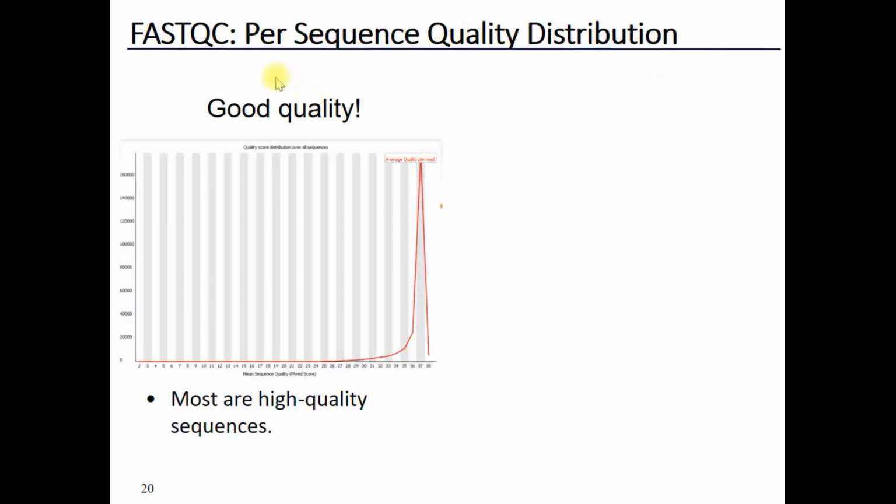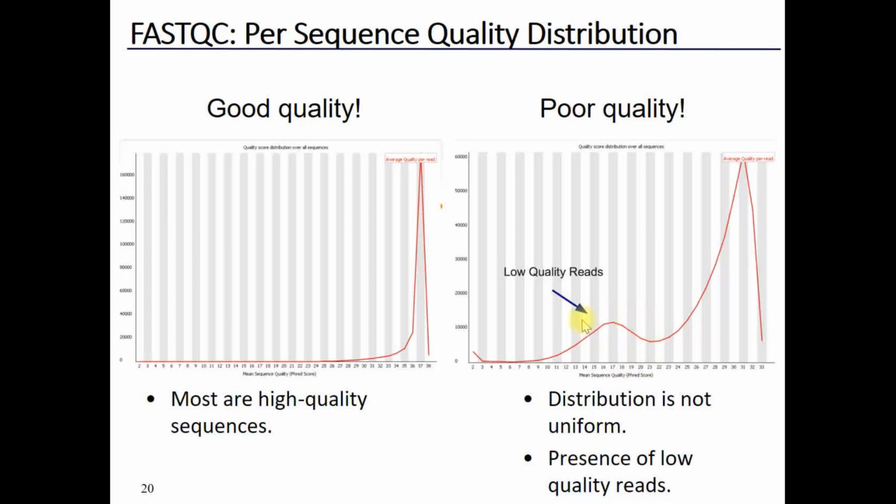The second plot you need to look at is the per sequence quality distribution. This is a histogram of your reads. So ideally, most of the reads should be beyond 30. Here is the mean sequence quality. It should be beyond 30. This is a good example.